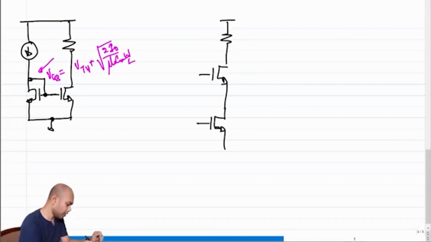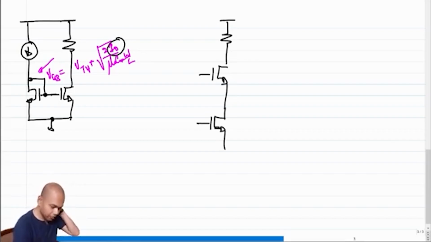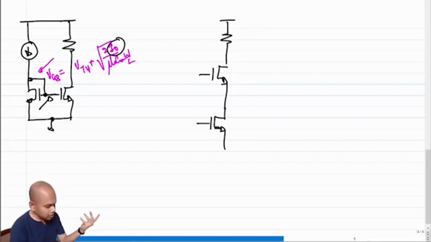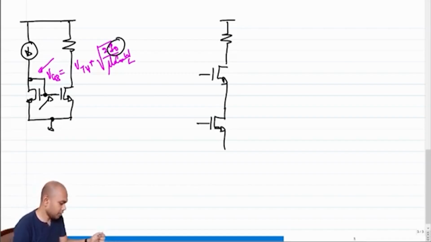If I naught is fixed, then what is happening? The gate voltage VGQ is adapting itself to the change in threshold voltage. If, for example, the threshold voltage decreases, then VGQ decreases in order to keep I naught fixed. If the threshold voltage increases, it increases VGSQ in order to keep I naught fixed, in order to keep the overdrive fixed.